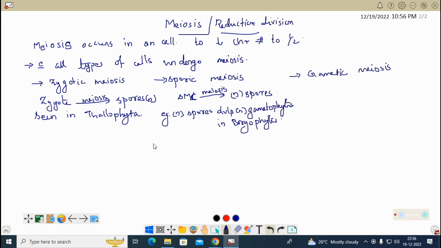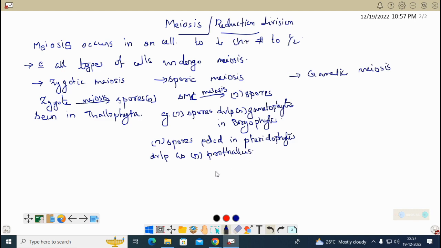So here we can say the haploid spores produced in pteridophyte develop as haploid prothallus. Prothallus is nothing but gametophyte. I am not writing it again because we have studied the life cycle of bryophyte, pteridophyte and all, right? So this is in pteridophyte.